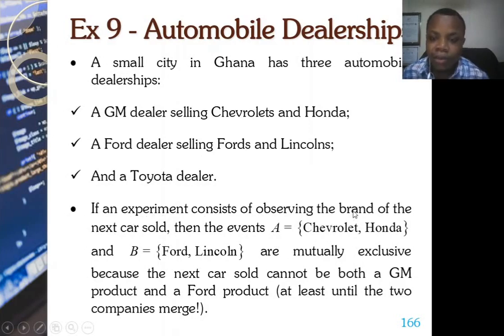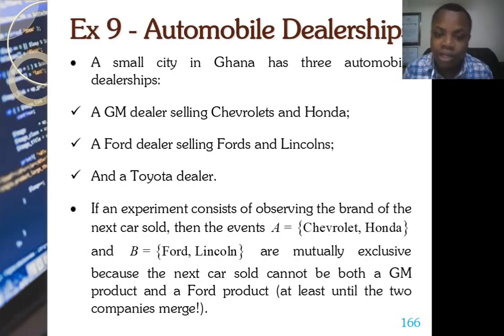If we look at these 3 events and an experiment where we want to determine the next brand of car, you could see that these 3 dealerships, although they do sell cars, are mutually exclusive, in the sense that all 3 dealerships are at different places. As a buyer, we don't have all these 3 dealerships at one spot where a customer could select any of these cars.